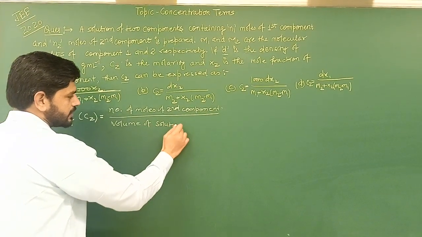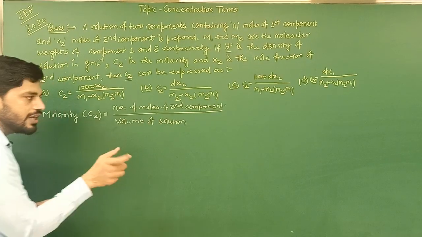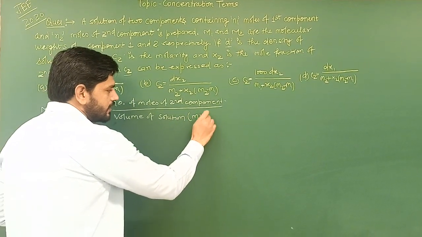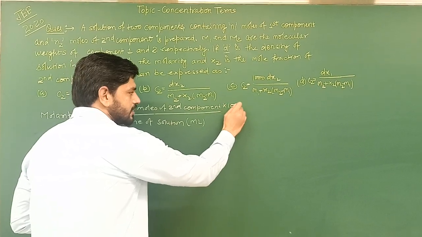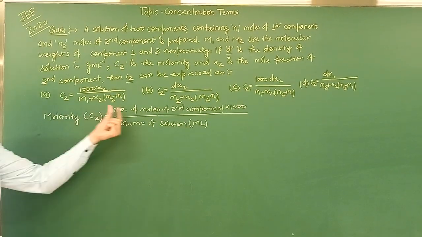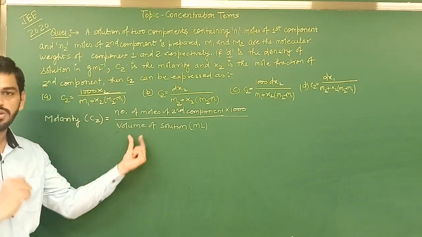So in the definition we just write the number of moles present in 1 liter of solution. If this volume of solution is given in ml, then this should be multiplied by 1000. This is the basic definition of molarity, number of moles present in 1 liter of solution.